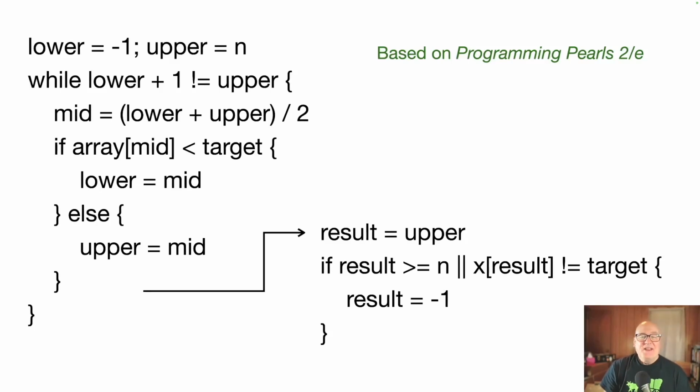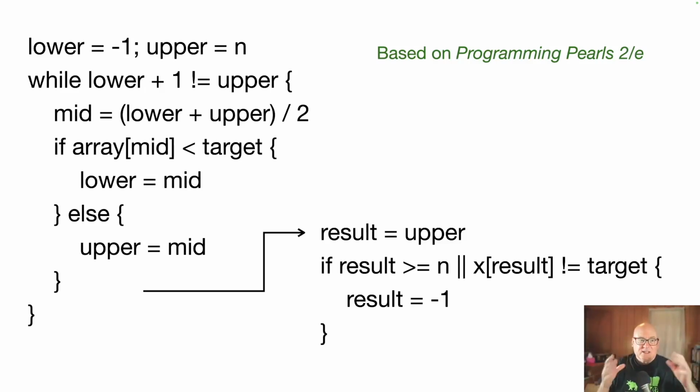All right. Programming Pearls had a nice implementation, and I just copied that and sort of semi-transliterated it. We'll have to do other stuff to get it into Swift, but you basically start with your lower outside the bounds and your upper outside the bounds. You're looking at an array of 0 to n-1. And then while lower is not equal to upper, sort of, you go to a midpoint, mid equals lower plus upper over 2.